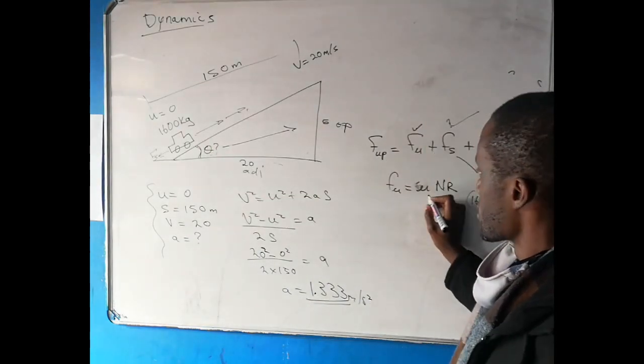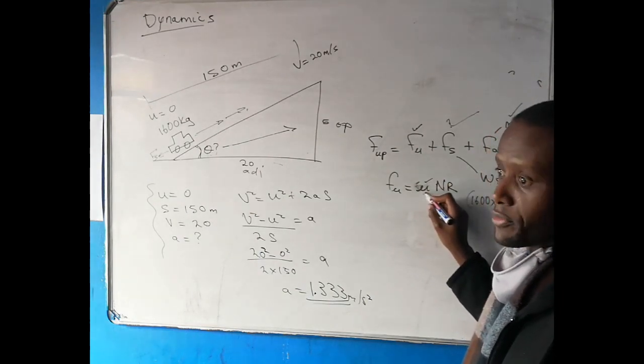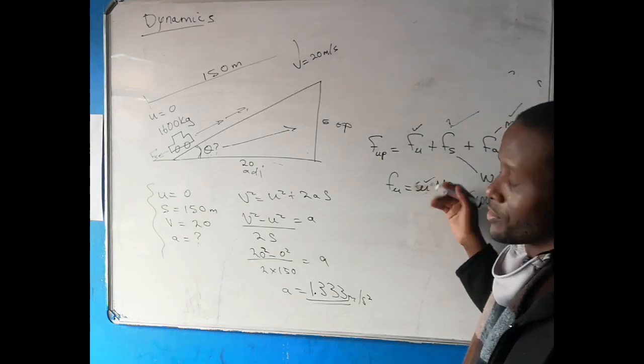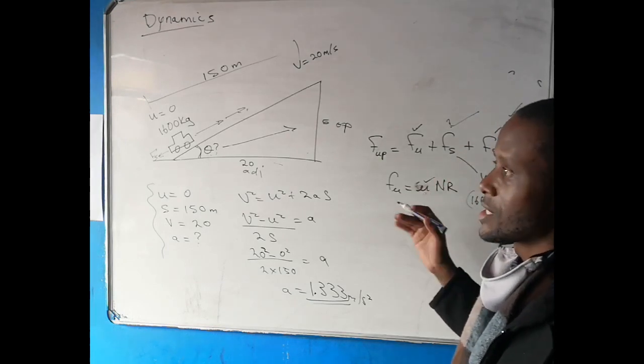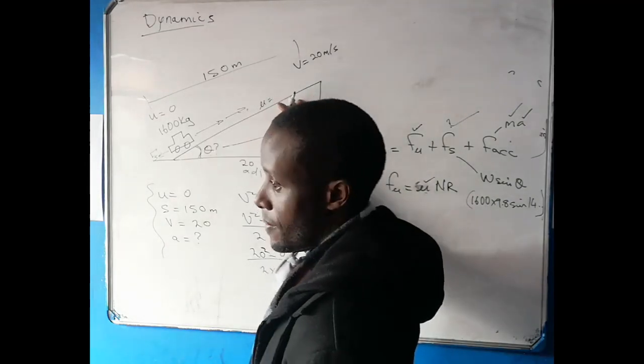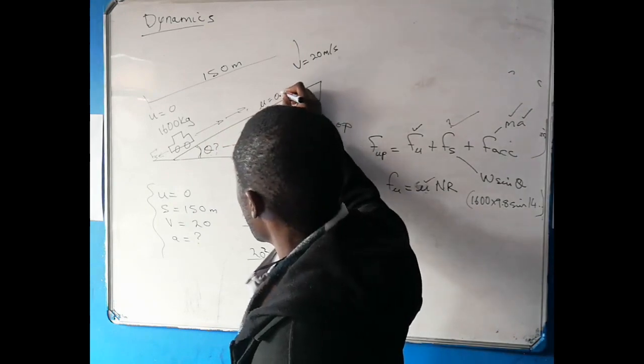Then the friction force. With the friction force, you need the coefficient of friction, which I said they will give you in most cases, or you're calculating for it. It is just a ratio, the property of the surface. Let's say they say 0.3.